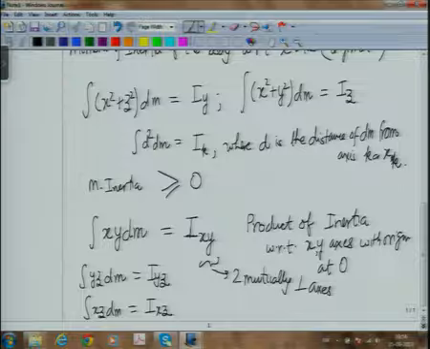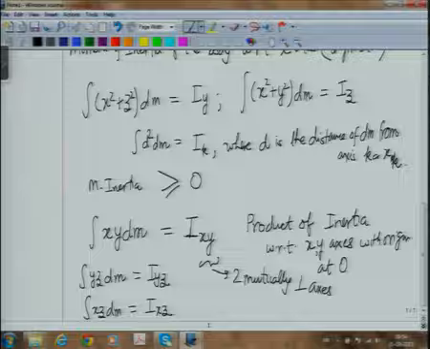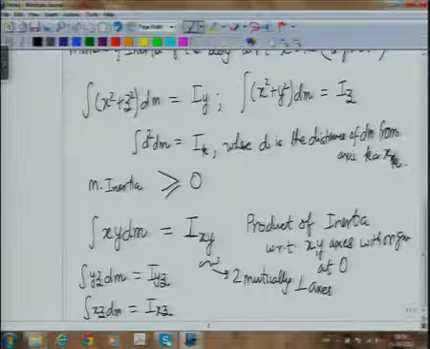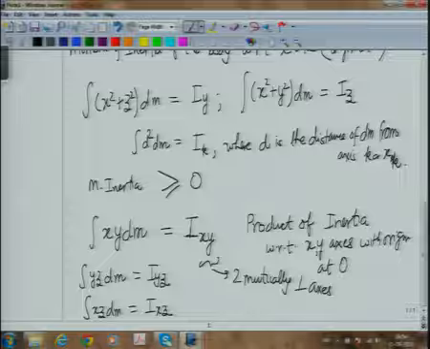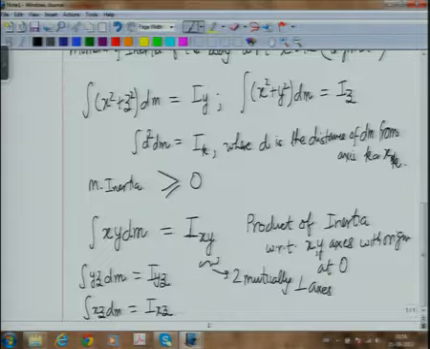Then what do you expect? The body will rotate about the x axis. But physically what we will show is, if Ixy is not equal to 0, then even a couple just about the x axis will also make the body rotate about the y axis.